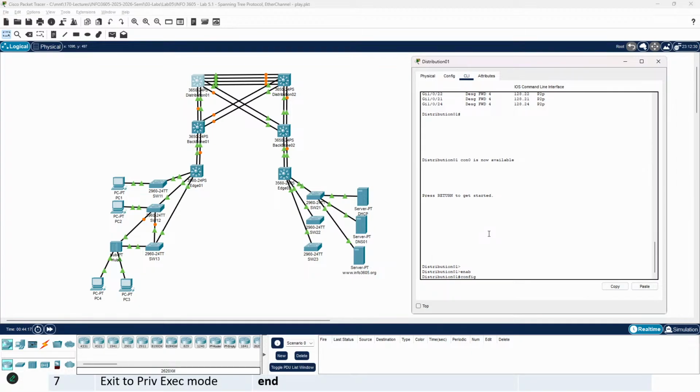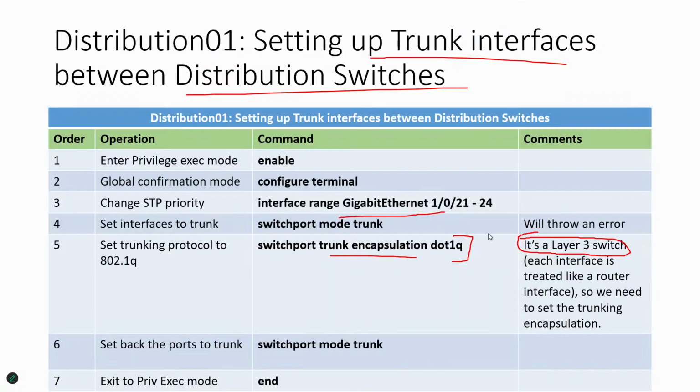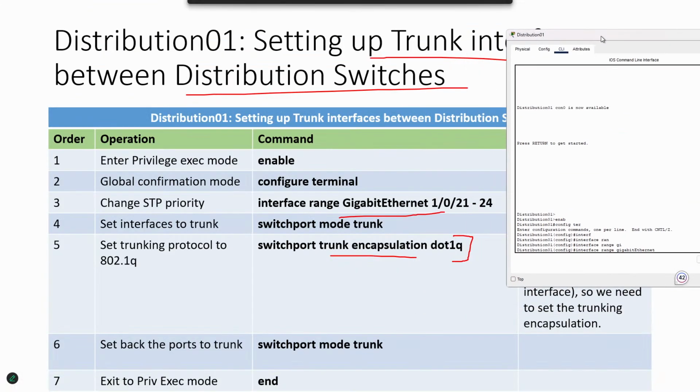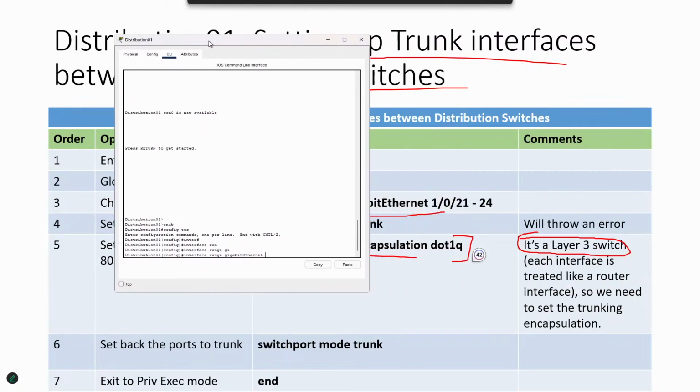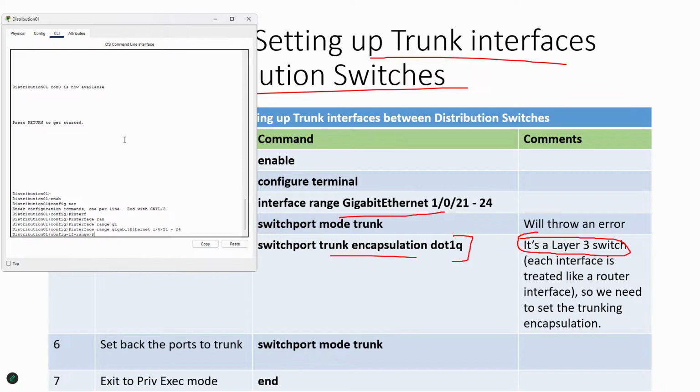Enable, configure terminal, interface range gigabit 1/0/21 through 24. Enter. There's our range.